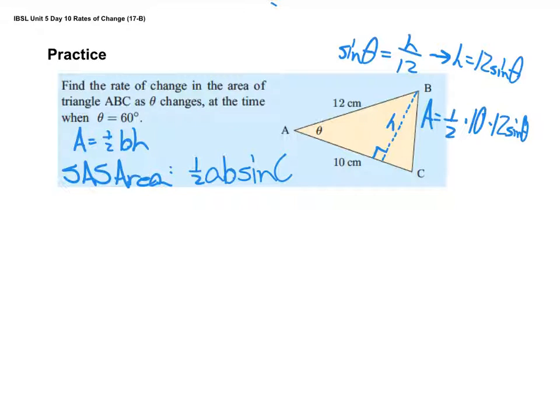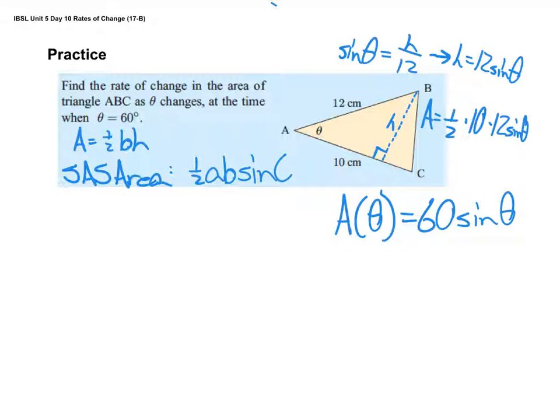So our problem says find the rate of change in the area. Well, to get the rate of change in the area, we need to have a function for the area. So our function for the area, A of theta, I'll simplify that a little bit, is going to be 60 sine of theta.